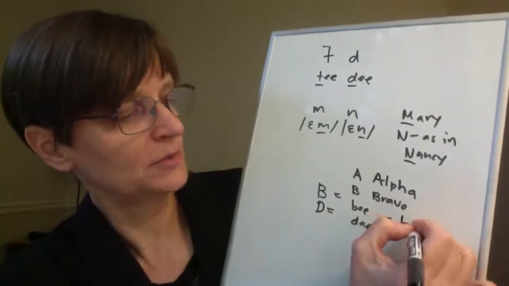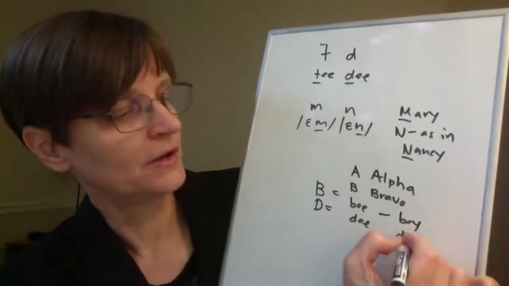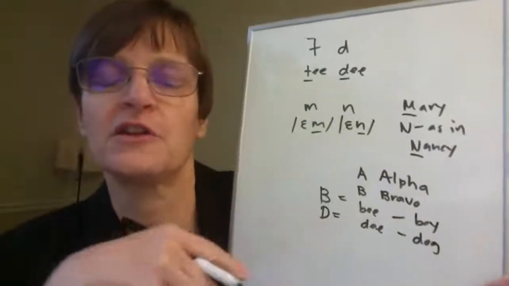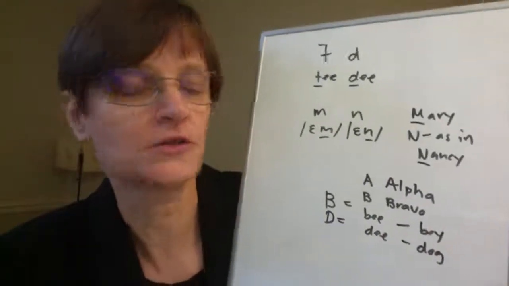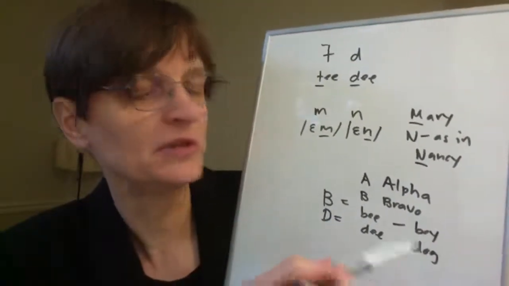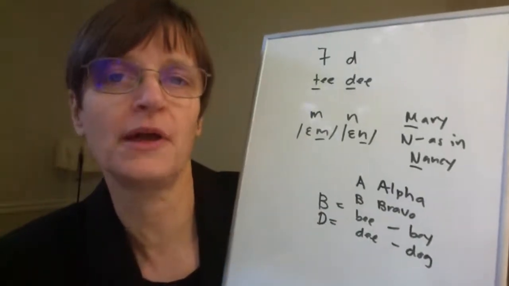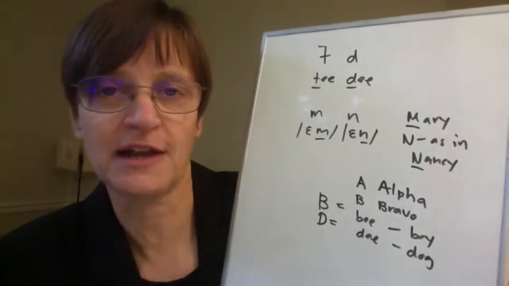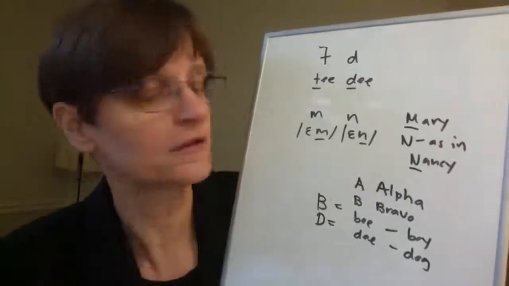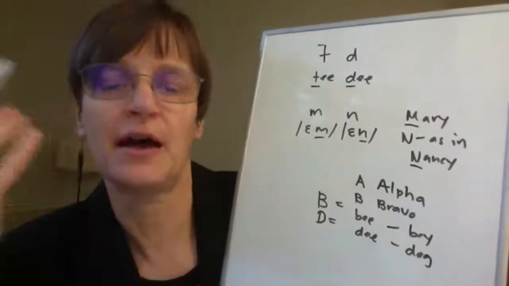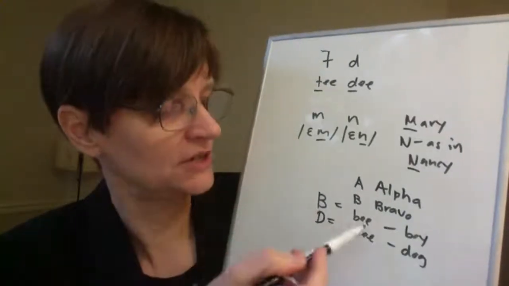So you'll hear B as in boy and D as in dog, which are quite different from each other and more easily heard and understood than just letter names. People in general get more information when you say a full word. When I say boy, even if I'm not pronouncing it exactly correctly or it's difficult to hear over the phone, they can usually make out a word more easily than just a letter sound.